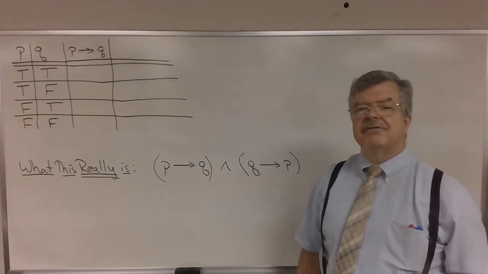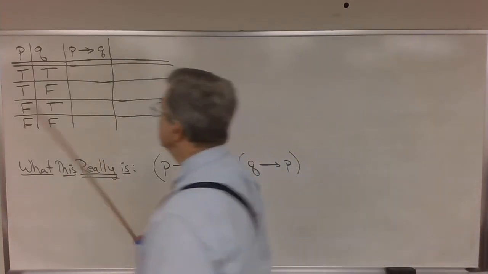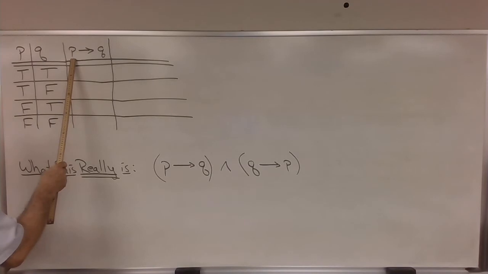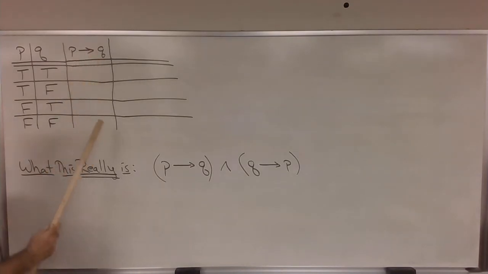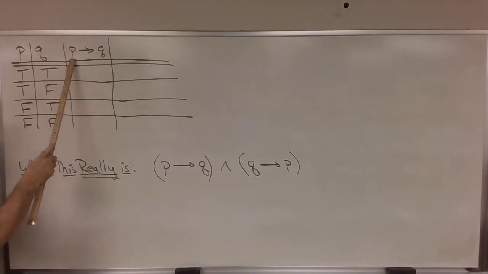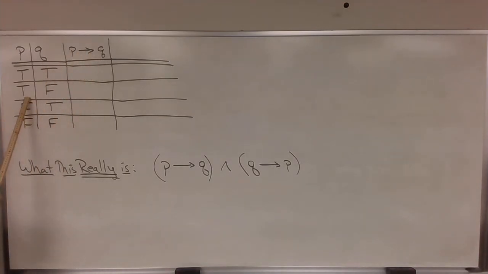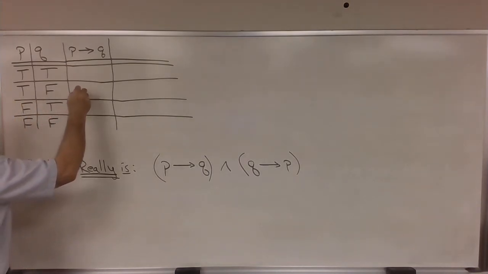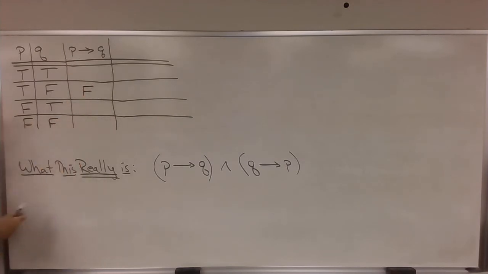So let's look for that special case where we have P true implying Q false. Well, here it is right here. P is true, Q is false. So this combination of truth values is going to be false.